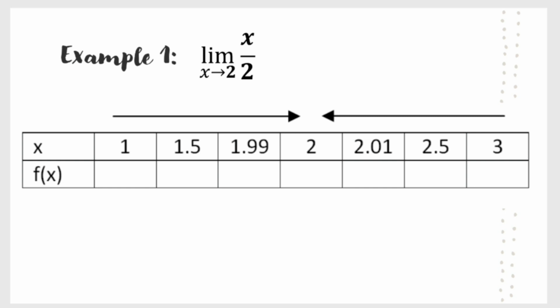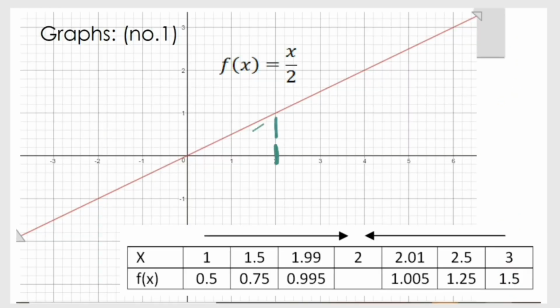If we complete this table, we have 0.5, 0.75, and 0.995. From the right, we have 1.5, 1.25, and 1.005. If we notice, the value is getting closer to 1. If we check the graph, as x approaches 2, the values of y approach 1.